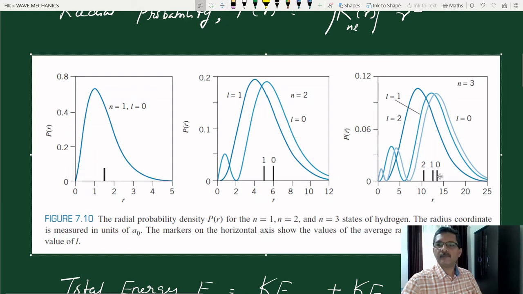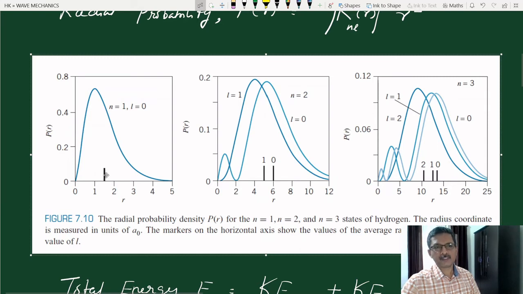When we come to n equal to 3 state, the 3s state has higher average radial distance, let us say 13 a0. 3p state has nearly 12 a0, and 3d state has nearly 10 a0, but these values are again close together, and roughly this value is again some 9 times higher than the 1s state.